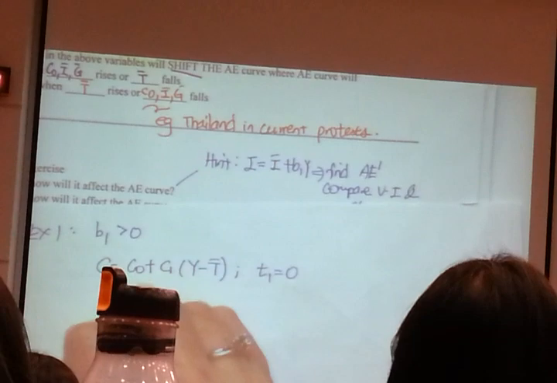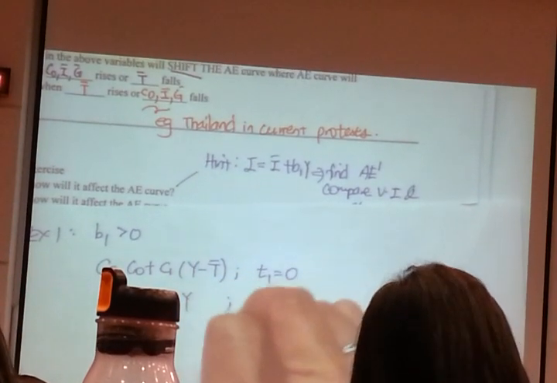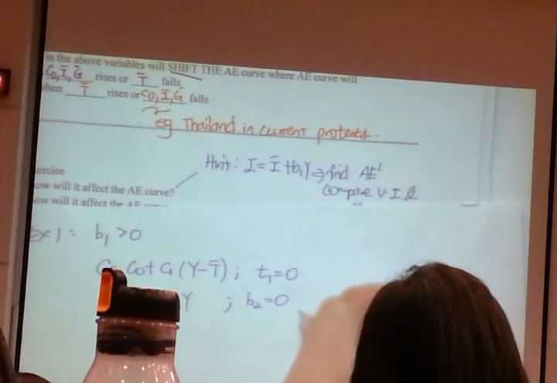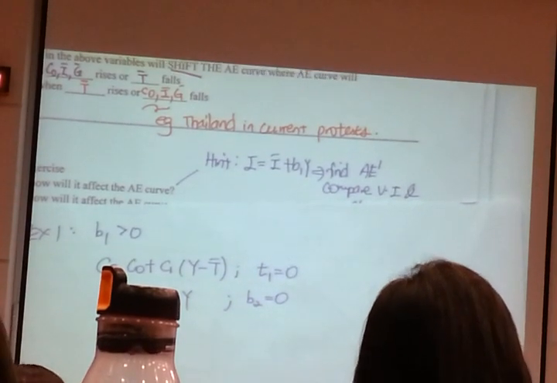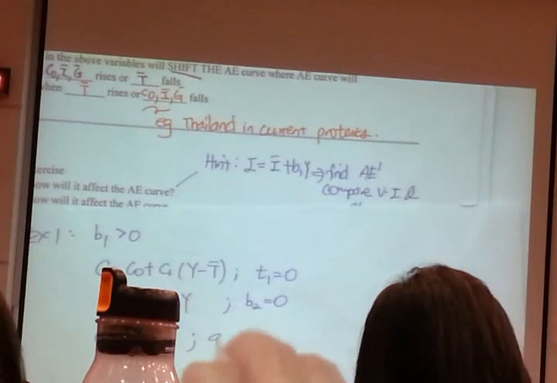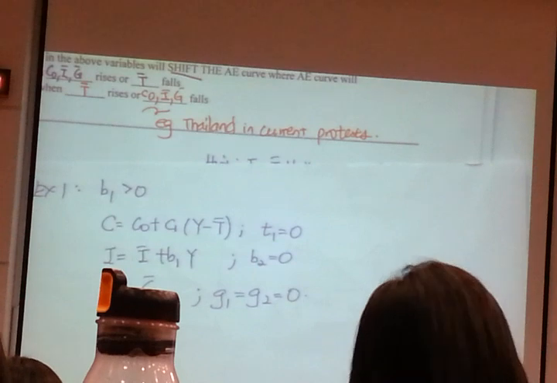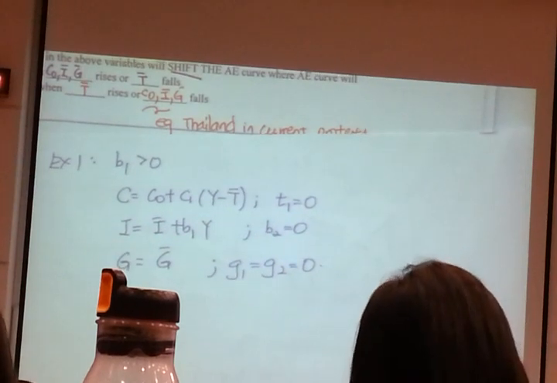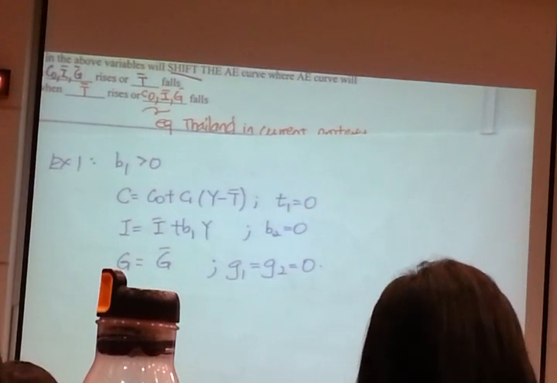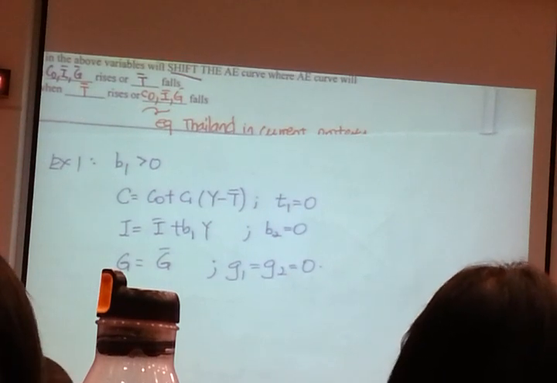The investment function is I bar plus B1Y, because you assume B2 is 0. For the government's function, you can have G bar, and you assume G1 and G2 are 0. So you can see in this topic, the answers that we provide in the exam are purely mathematical, with very little writing in words and sentences.